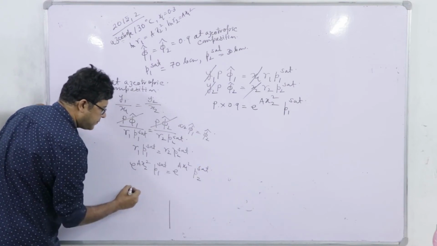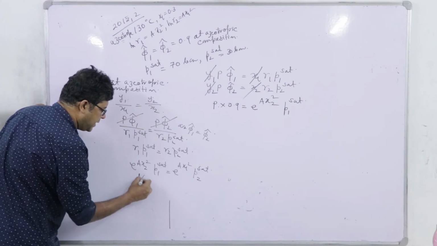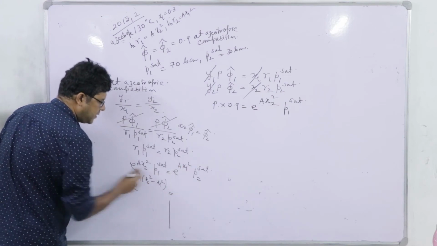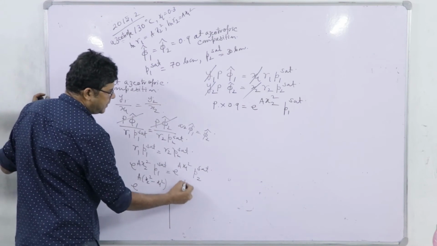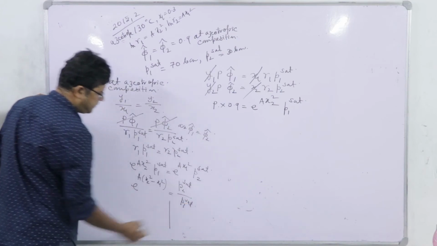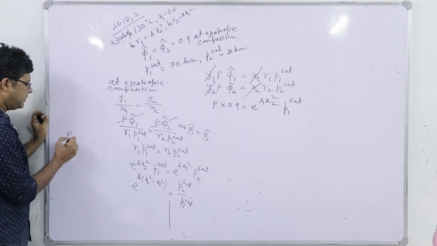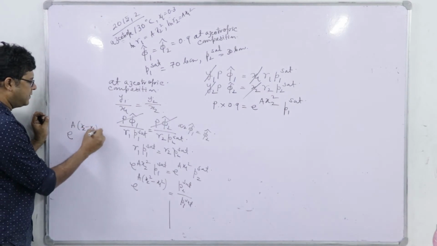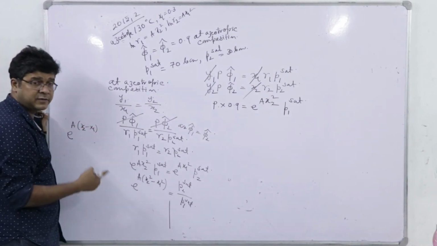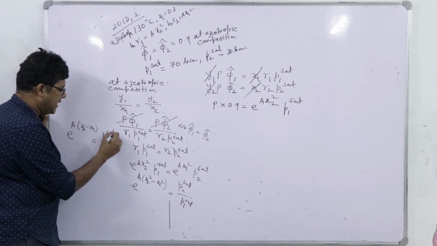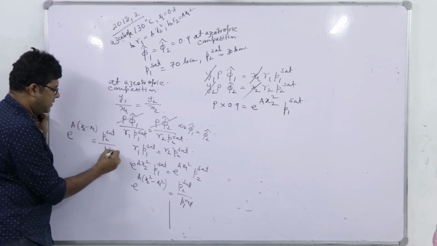So e to the power a into x2 square minus x1 square, if I divide, will be P2 sat by P1 sat. Okay. So that gives you e to the power a into x2 minus x1, because x1 plus x2 equal to 1, equal to P2 sat by P1 sat.